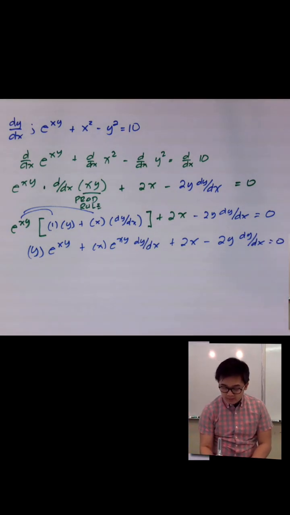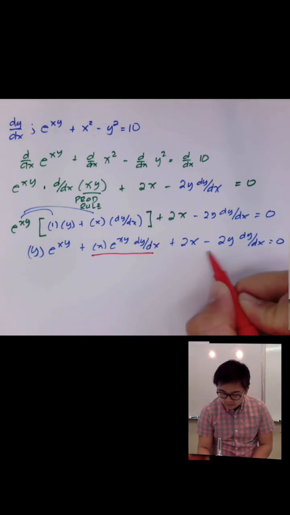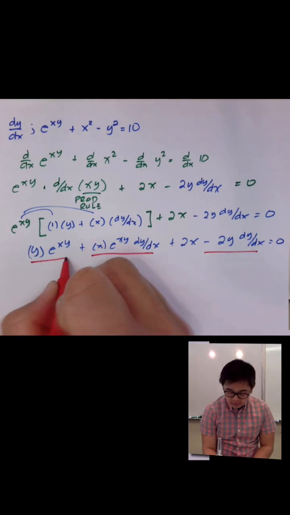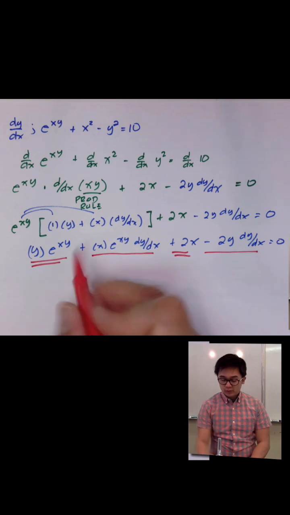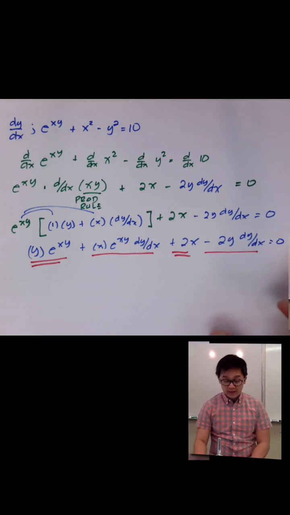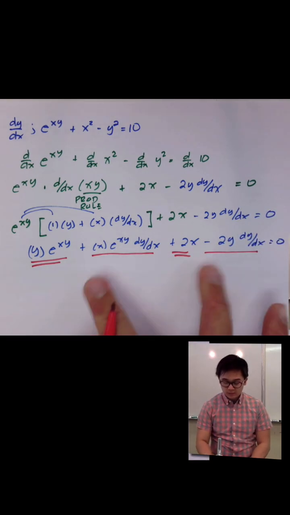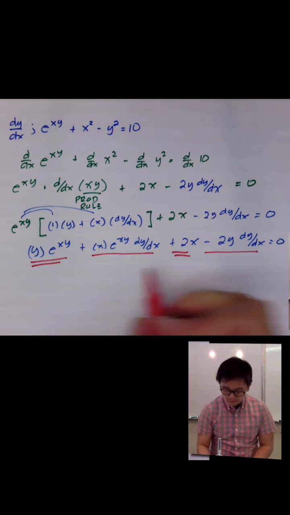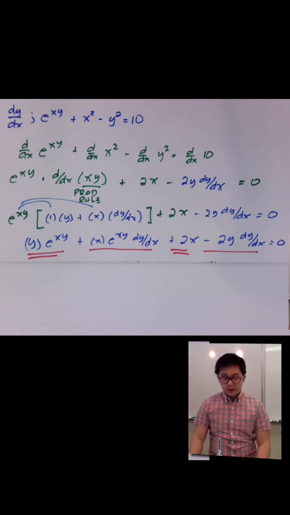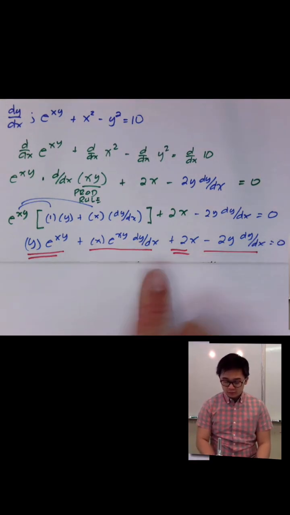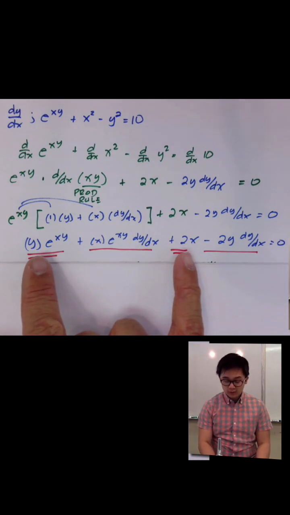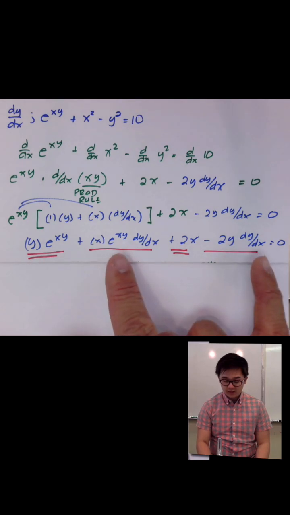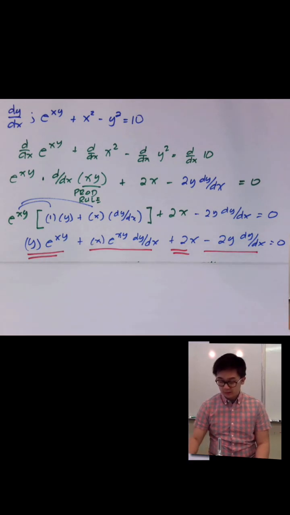So I know that I can group this together, and I will transpose these two terms right here to the other side by the additive inverse, so minus these terms. So now let's go ahead and get rid of these two terms right here by using the additive inverse, and the dy dx will stay on this side of the equation.